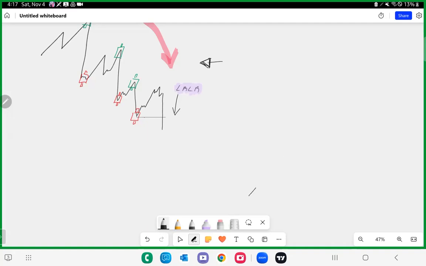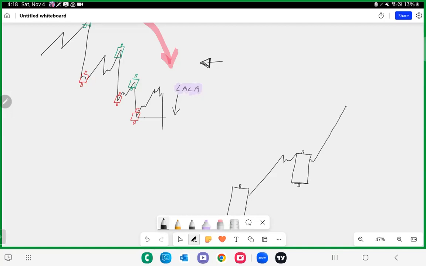Let's say we're here, and this is a daily down close candle, a daily order block. We're in a market where we're bullish from that daily perspective, so we're seeing these daily down close candles.